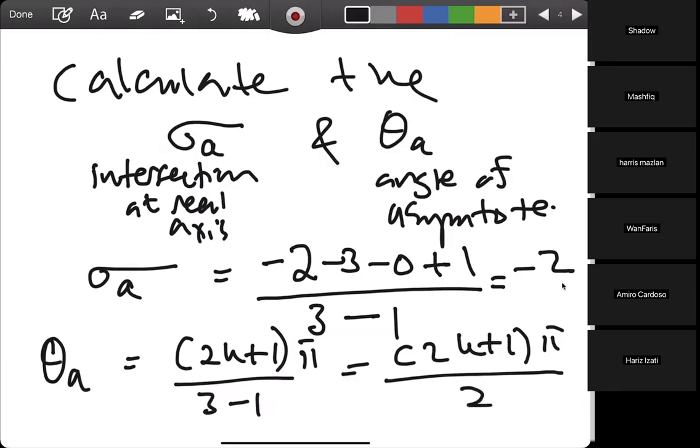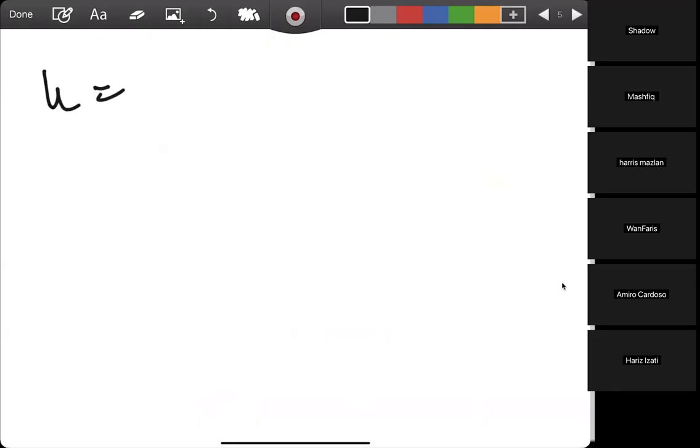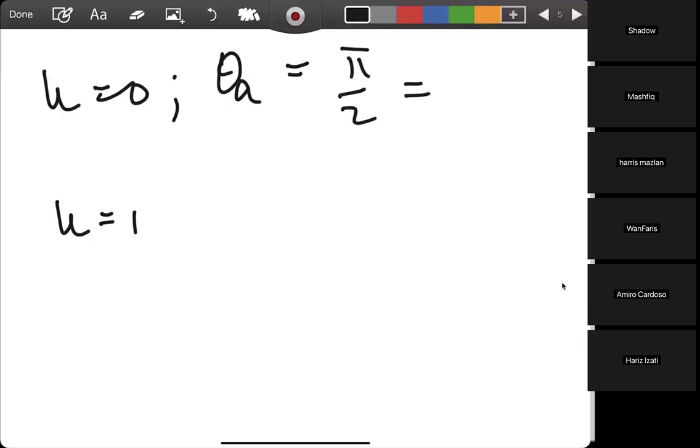Since k equal to 0, k equal to 1, the asymptote for k equal to 0 is pi over 2, which is 90 degrees.